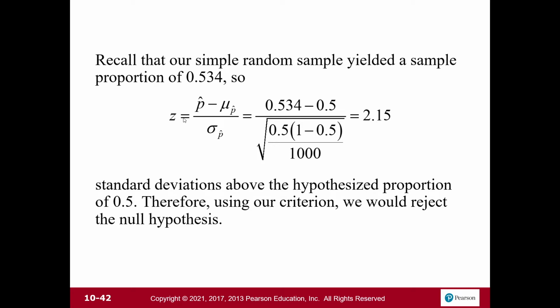We would get 2.15. That is more than 2 deviations above the null mean that we assumed to be true. Therefore, we could say this is statistically significant. The result of our sample is more than 2 deviations above the mean.